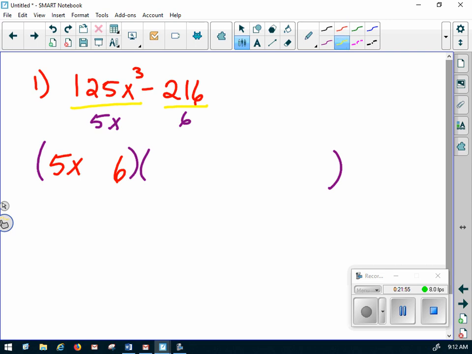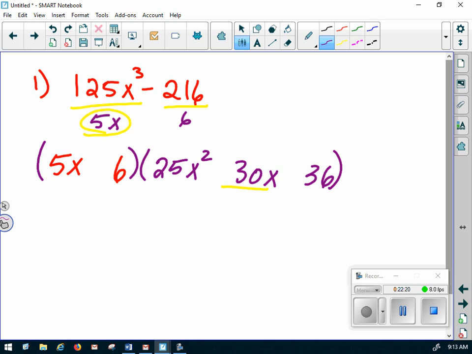Good. It's this squared, so it's 25x squared. How do you find what sits next? Multiply them together. 5x times 6, 30x, good. And what comes last? Good. 6 squared is 36.